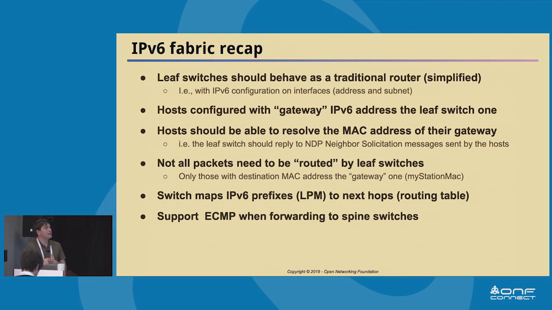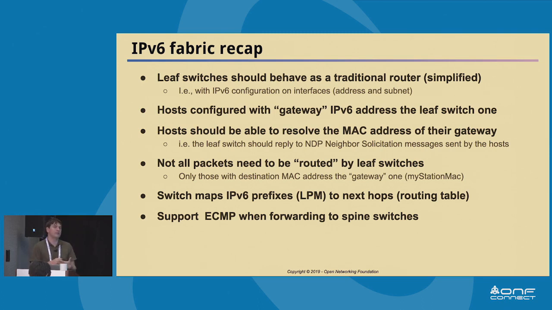Finally, not all packets need to be routed by the leaf switch. We've seen before that some packets are forwarded using the bridging table, so we need to distinguish between packets that need to be bridged and packets that need to be routed. If you already looked at that part of the P4 program in exercise 1 that deals with IPv6 routing, you might have noticed this table called MyStation table that matches on the packet destination MAC address.